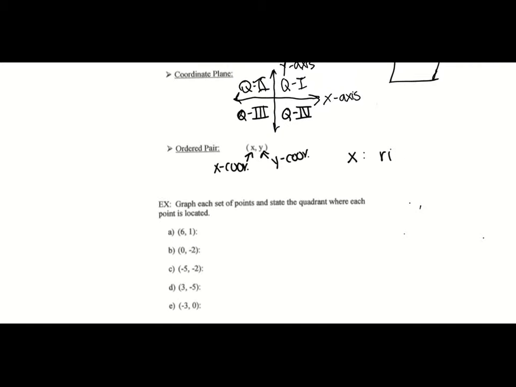If we go right, that is going to give us a positive value of X. So looking up here, if we go right, that is positive. If we go left, that is going to give us a negative value of X.